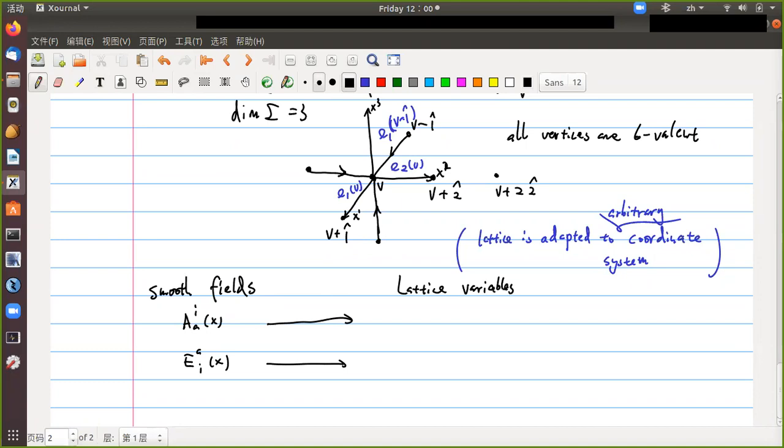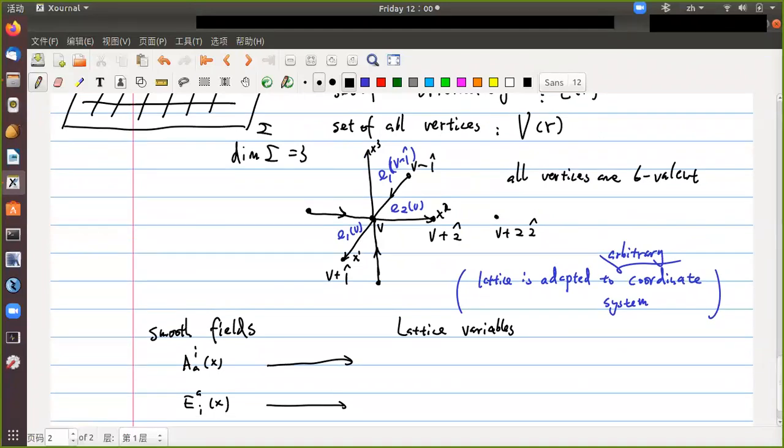The point here is that smooth fields have an infinite number of degrees of freedom, and the procedure here is that we approximate those infinite number of degrees of freedom by finitely many degrees of freedom, and those finite degrees of freedom are those lattice variables.